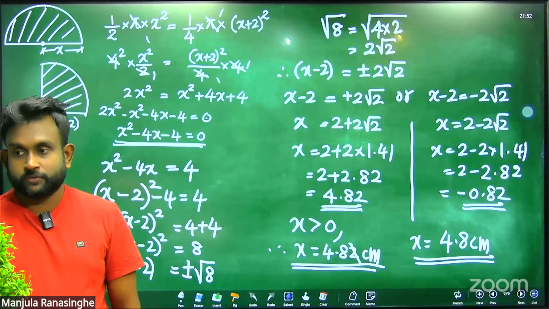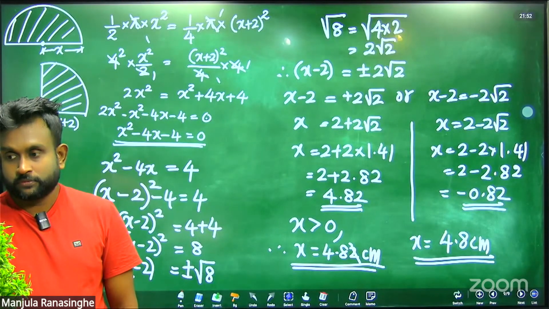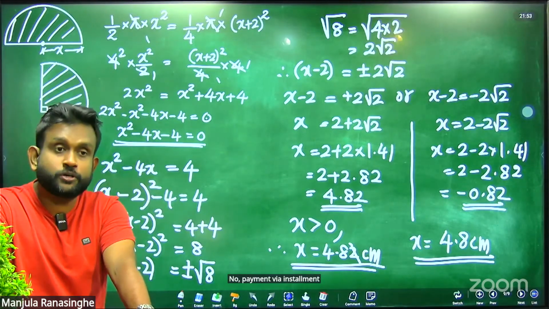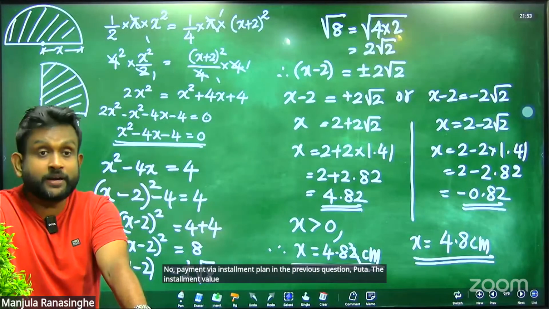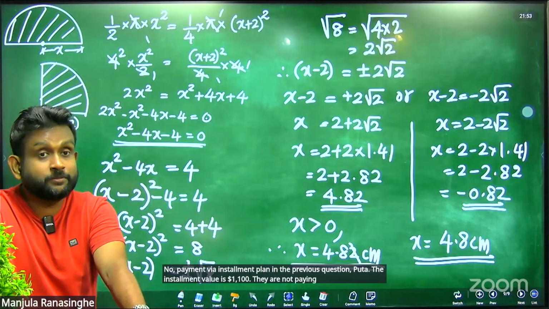Right, any questions from the others? No, payment via installment plan in the previous question. The installment value is 1,100. They are not paying 1,000. They pay installments.